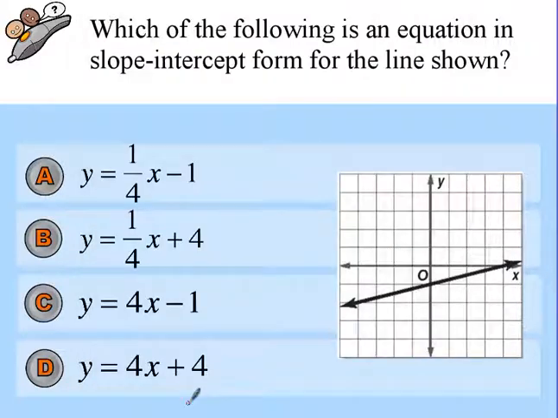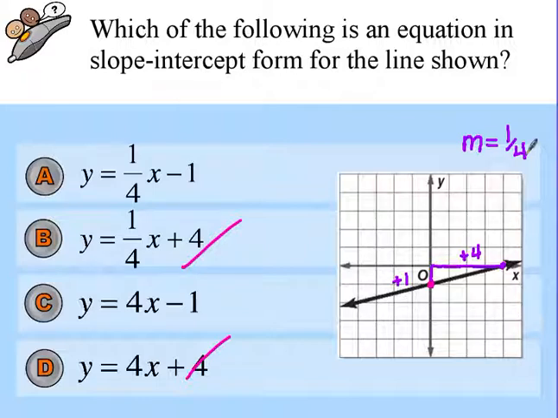Okay, once again, the y-intercept is what in this problem? Negative 1. So automatically, I can eliminate those two. Now let's find the slope. The slope means I'm going to go up 1, and I'm going to go over 4. So my slope is actually 1/4.